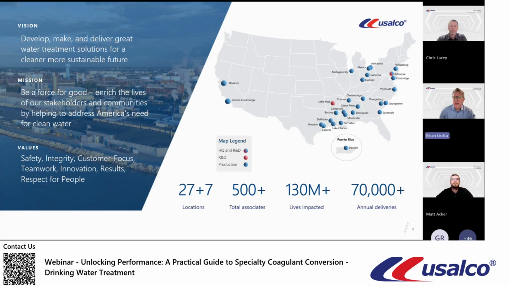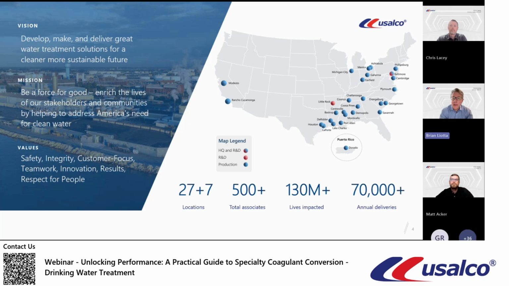As far as our vision, mission, and values, our vision at Usalco is to lead in creating water treatment solutions that not only meet today's needs, but also drive a more sustainable future for generations to come.